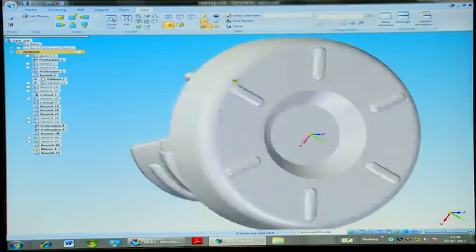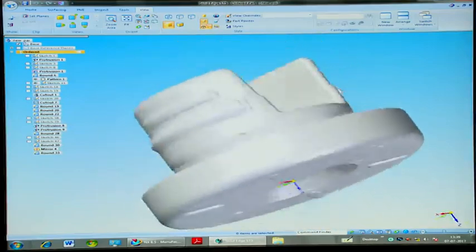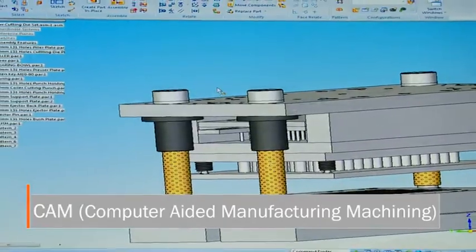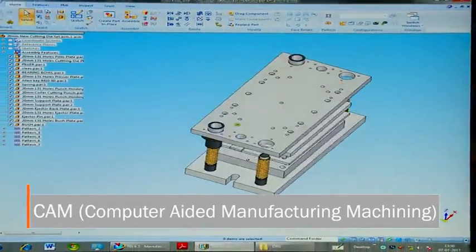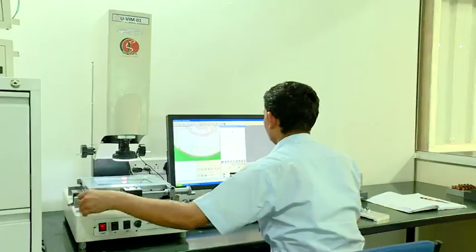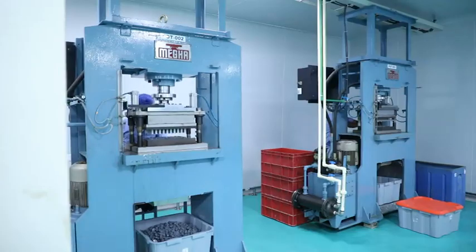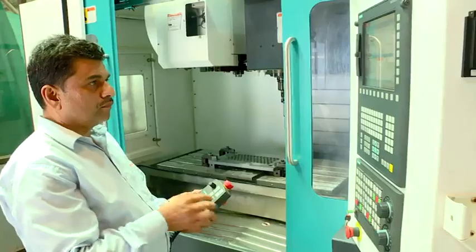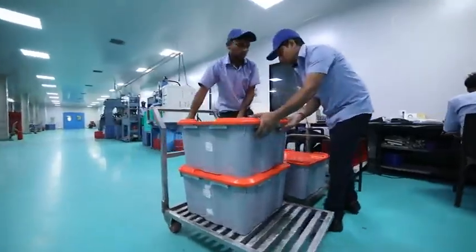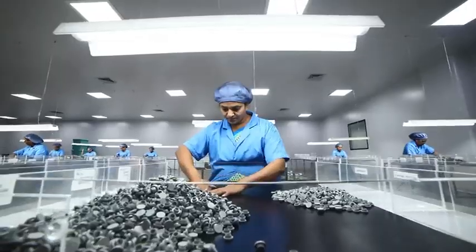Once a CAD design is finalized, it is then exported to a computer-aided manufacturing, or CAM, system. The CAM system assists in all phases of manufacturing a product, including process planning, production planning, machining scheduling management, and quality control.